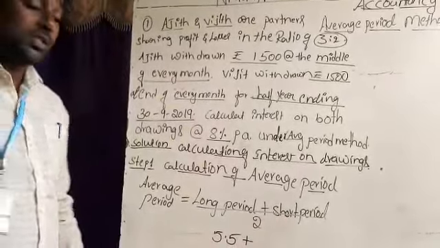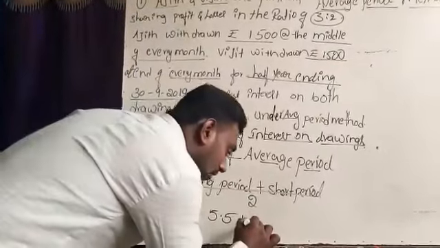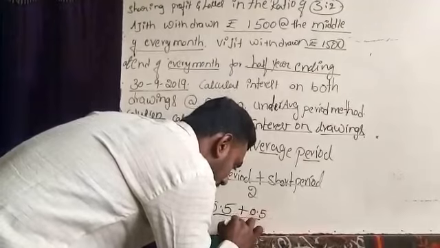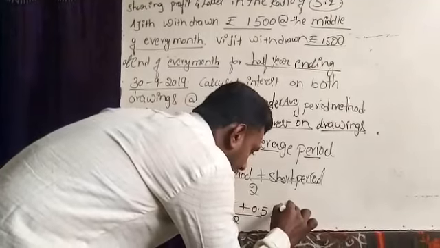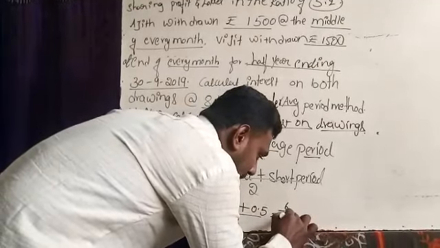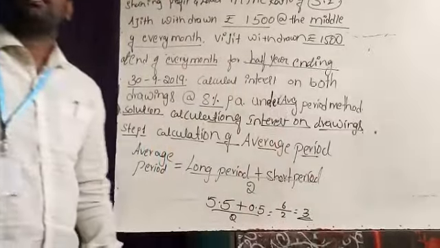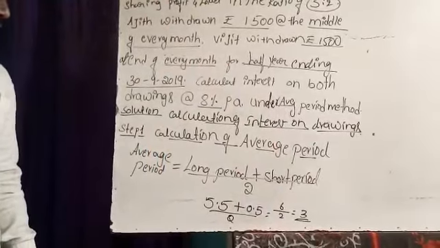Then how many months are counted? Only 15 days, that is 0.5, divided by 2. Therefore 6 divided by 2, we get the average period as 3 months.